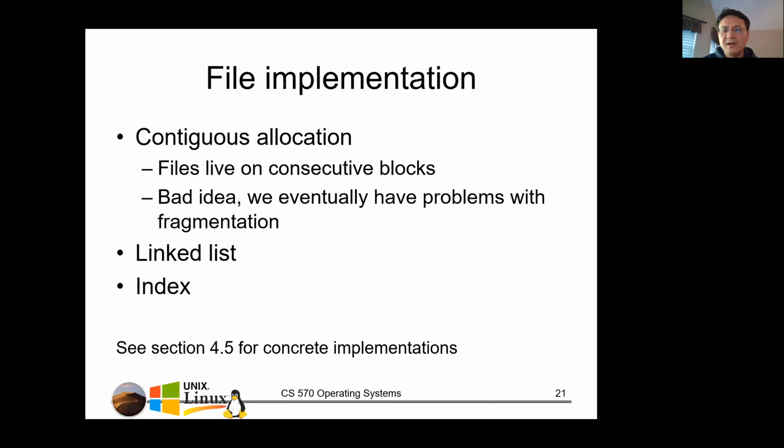As files get created, moved, and deleted, you could end up with a lot of fragmentation on the disk. That would eventually make the disk unusable. Also, this scheme is bad for handling the growth of files. If you have file size growing, this scheme is not good at handling that scenario.